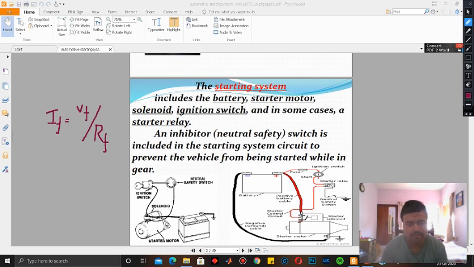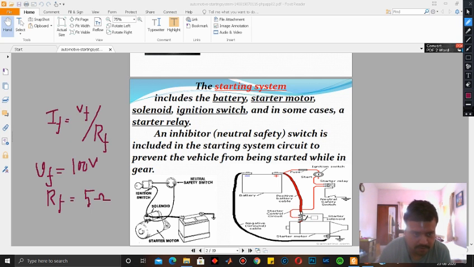So if the field voltage Vf is, let us say, 100 volt, and Rf is, say, 5 ohm, the field current IF is equal to 20 ampere.